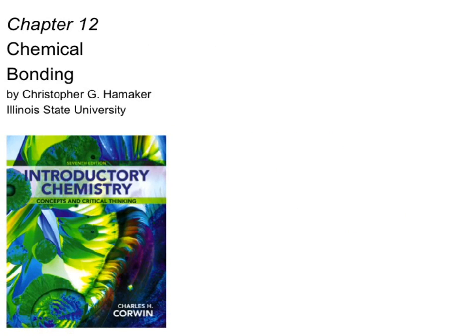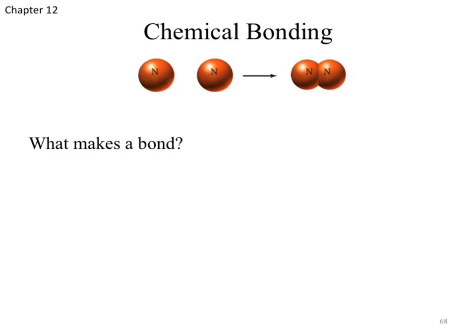Okay. So now we can really full on move into chapter 12, chemical bonding. I think we talked about this. We're looking at the sharing of electrons. Which electrons? The valence electrons, our highest energy level electrons.